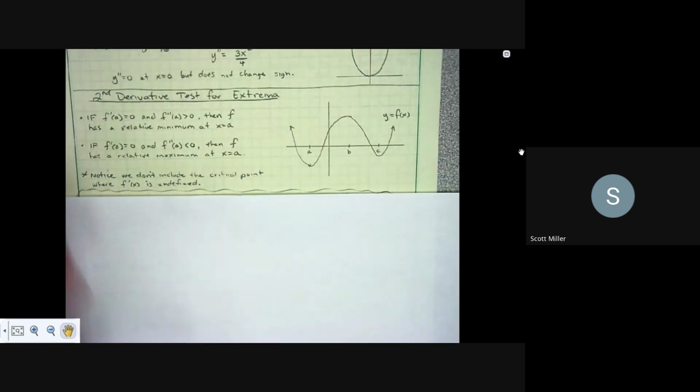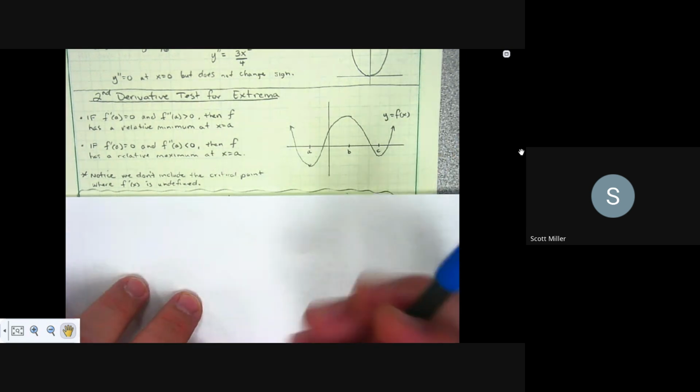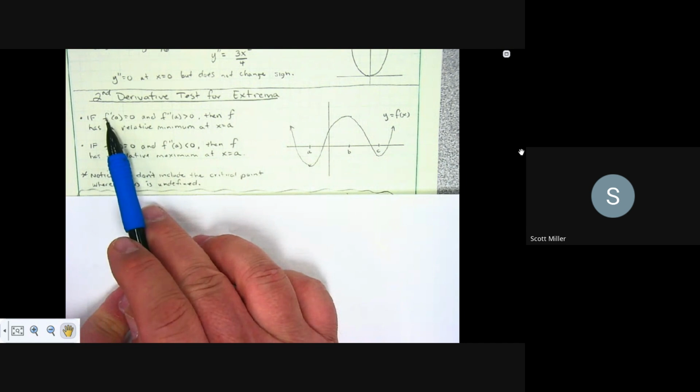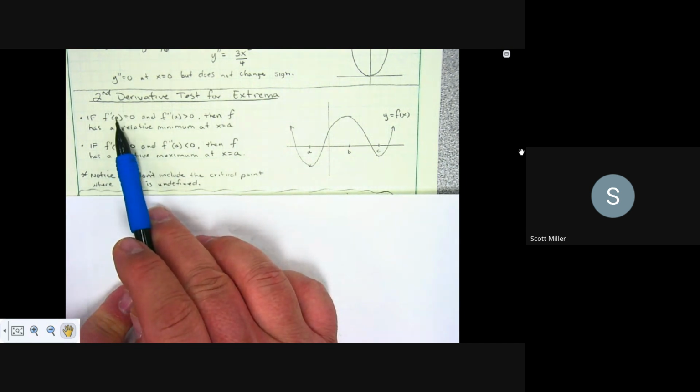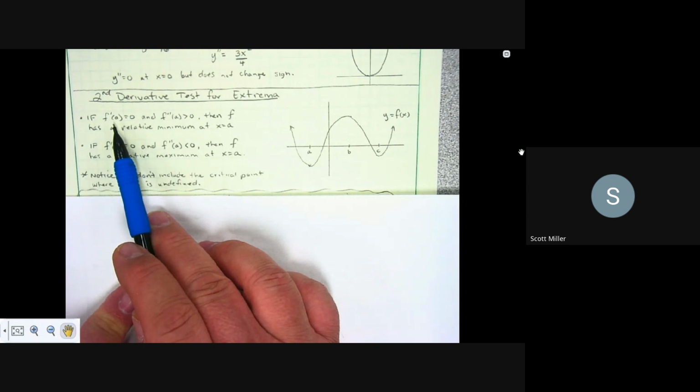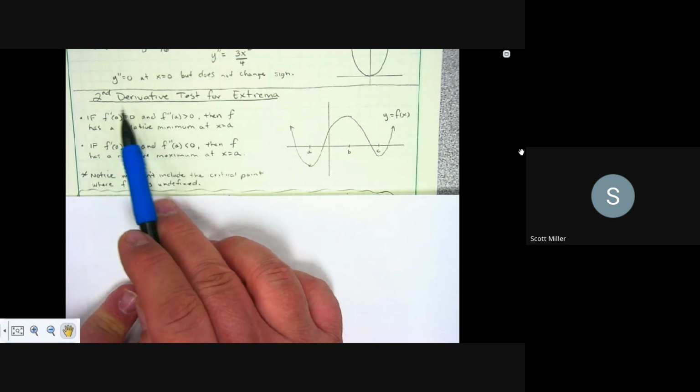The second derivative test. So we have the first derivative test, we have the second derivative test. The second derivative test uses critical points and the second derivative. So, the second derivative test for extrema. If the first derivative at a equals 0, that makes a a critical point. This is where the first derivative was equal to 0, not the undefined, only the ones that make it 0.